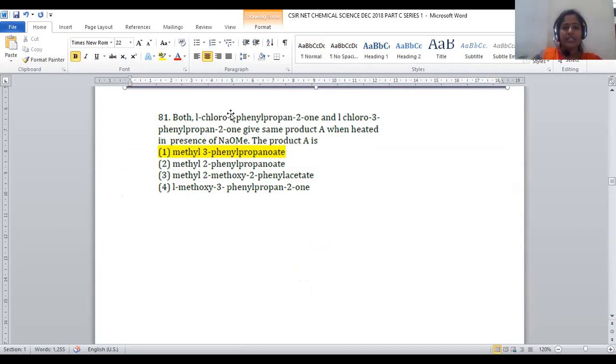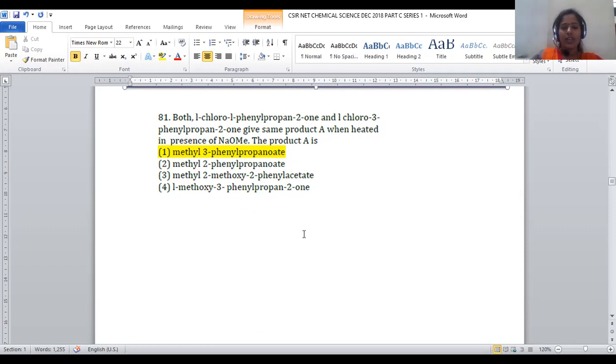Here two different starting materials have been provided to us. Both are treated with sodium methoxide, and the product obtained from these two starting materials will remain the same. So what will be the product we have to achieve?